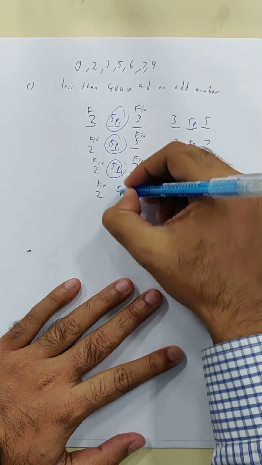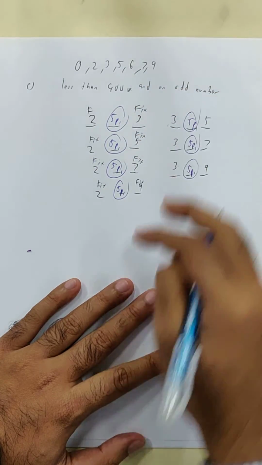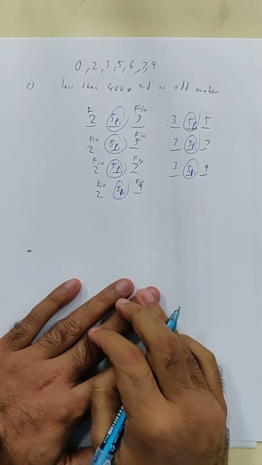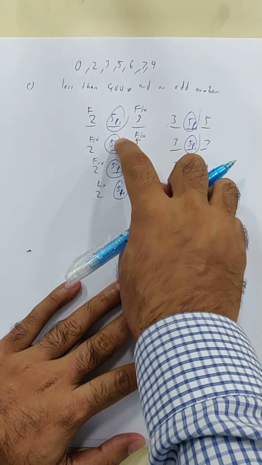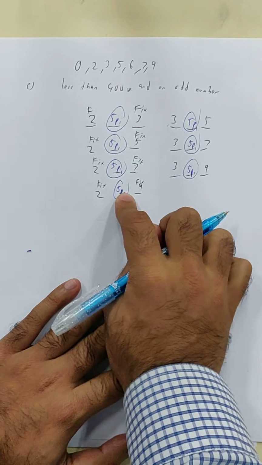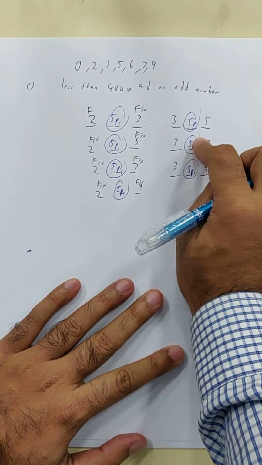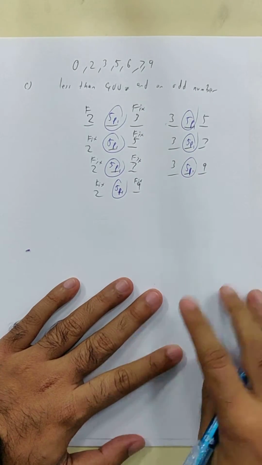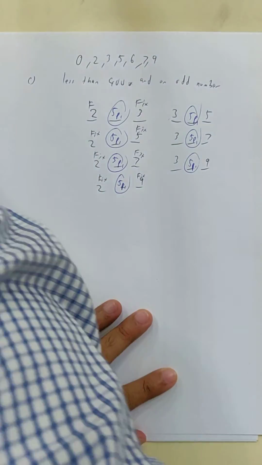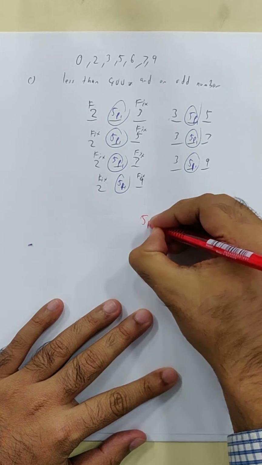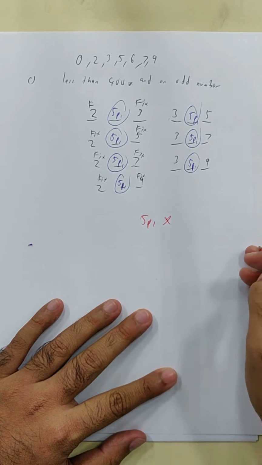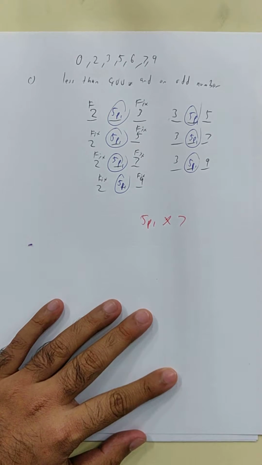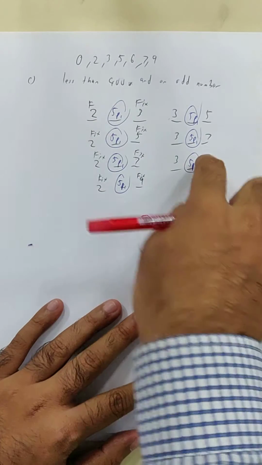Okay, now how do I connect all of this data? I can plus them up. Okay, 5P1 plus 5P1 plus 5P1 plus 5P1 plus 5P1 plus 5P1 plus 5P1. Or 5P1 times 7 times. Yes, 1, 2, 3, 4, 5, 6, 7.